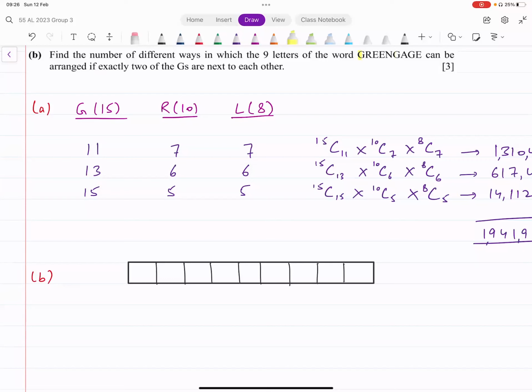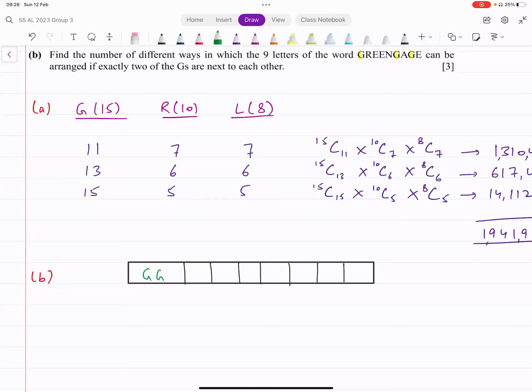We've got 1, 2, 3 G's in this word. Okay. So one idea could be that we start doing it the way we are used to doing it. We basically put the 2 G's in one single box, right? That's how we used to do it. एक box में डाल दे 2 G's को. So you could have G and G here like this.